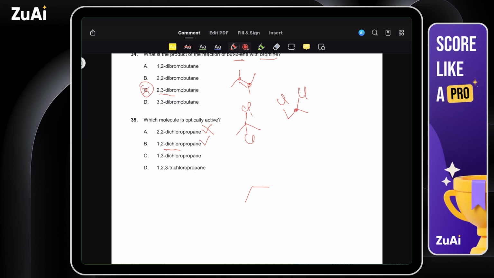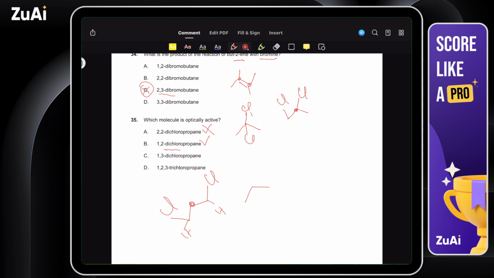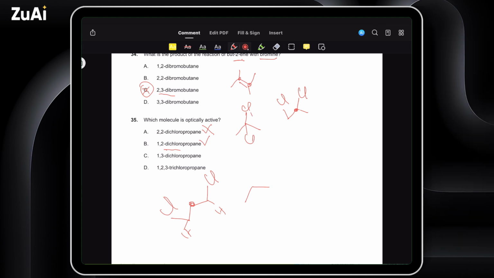So that's correct. 1,3: there chlorine, there chlorine, so it has hydrogen, the same, hydrogen, the same. That's why it should be 1,2, because it has the chiral center.